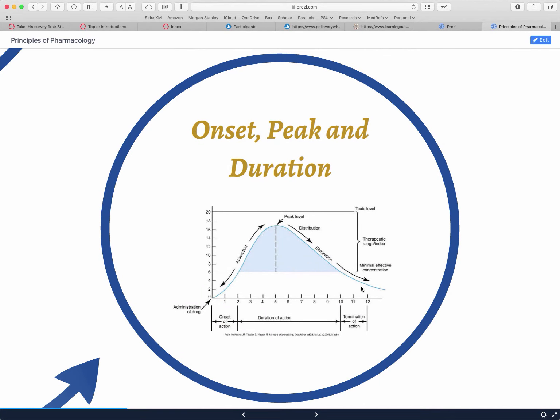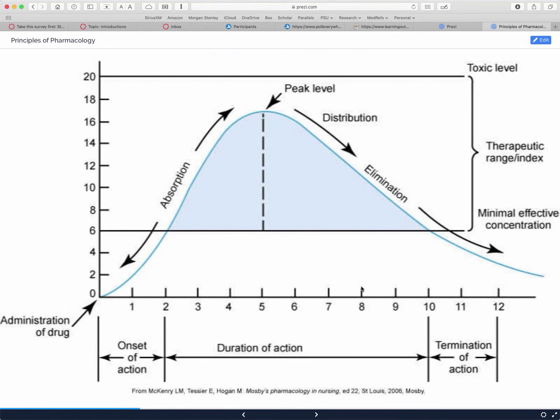Now, there's something that we need to talk about, and this is what was covered in that little video that you guys did. And that is the concepts of onset, peak, and duration of a drug. So, when we administer a drug, let's say that this is the de novo dose, right?